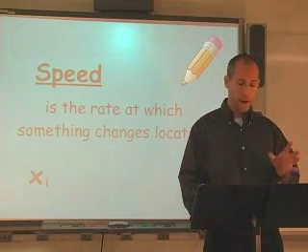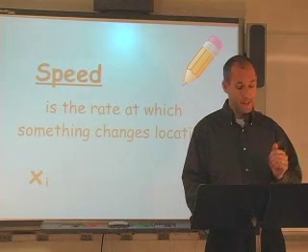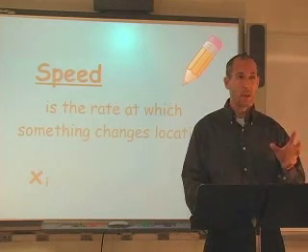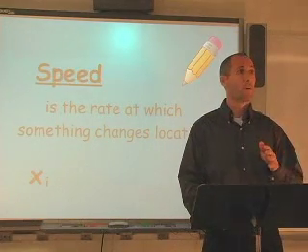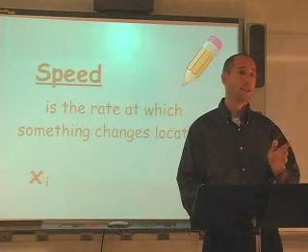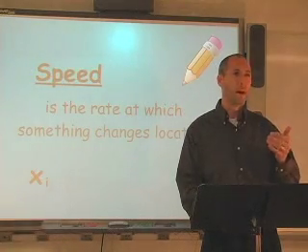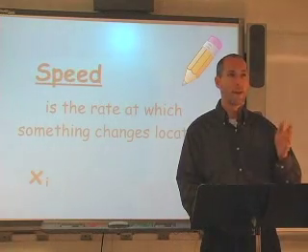Just for reference, from now on, we'll almost always use metric units because we use the metric system in science. And just so you know, 1 kilometer per hour equals about 0.62 miles per hour. So when I say a car is going 100 kilometers per hour, that means it's going about 62 miles an hour, so you have a clue about how fast that is.